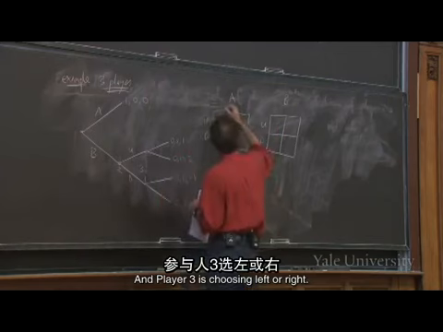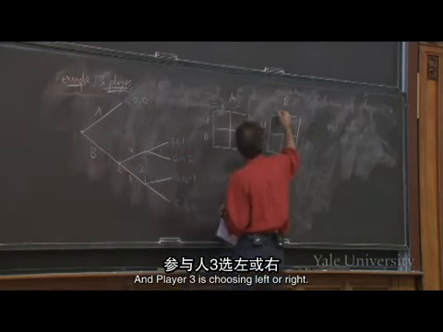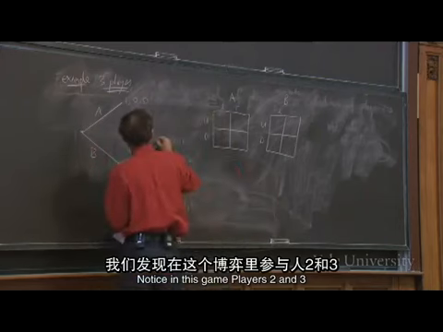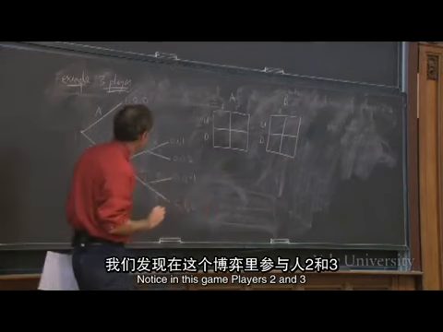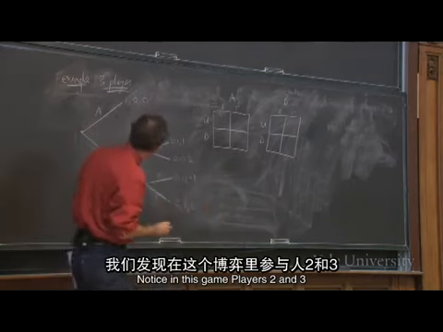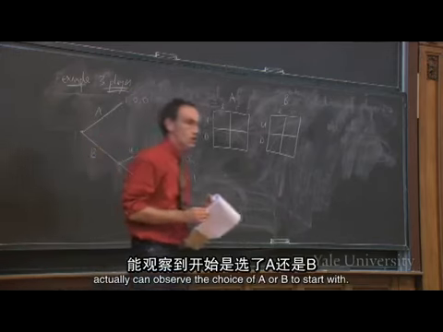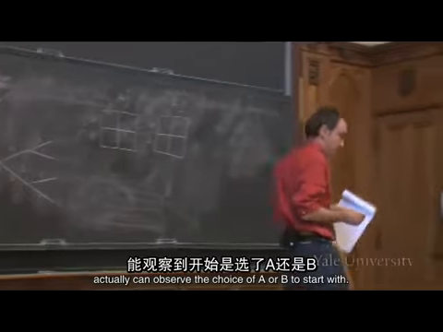And player 3 is choosing left or right. All right. And notice in this game, players 2 and 3 actually can observe the choice of A or B to start with.